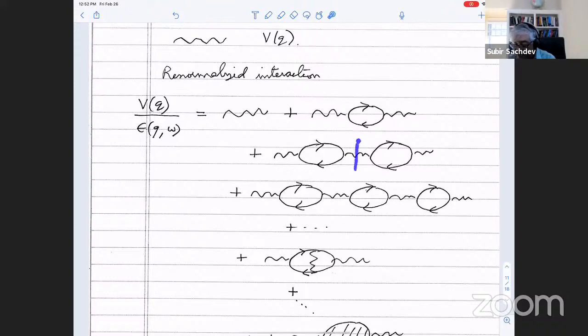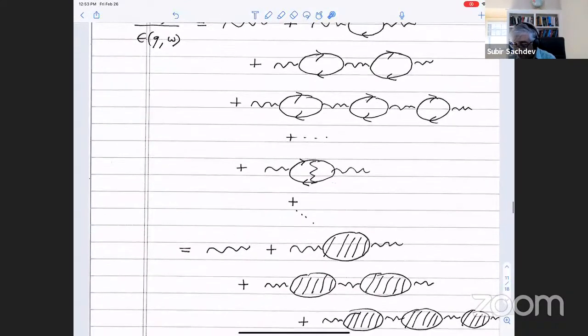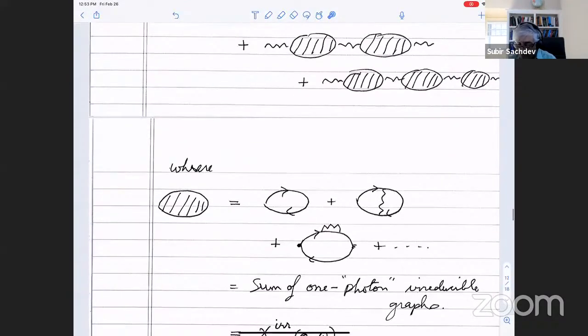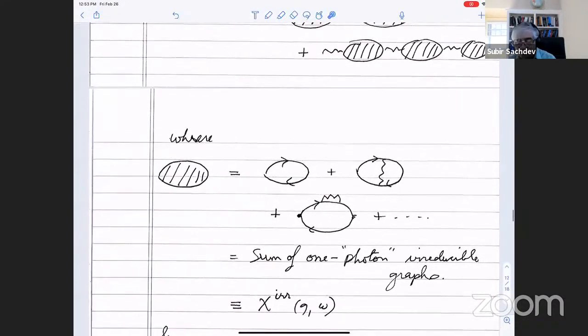So these are one-interaction reducible, whereas this one is not. This one, if I cut an internal interaction line, doesn't fall apart. So let me introduce something called a blob for now, which is the sum of one-photon irreducible graphs. Let's imagine the interaction is really a photon, which is what it would be in field theory if you had relativistic effects.